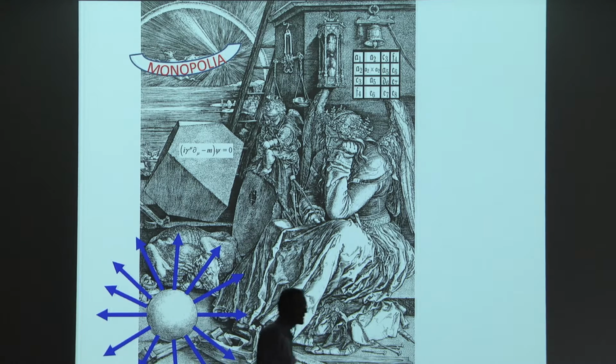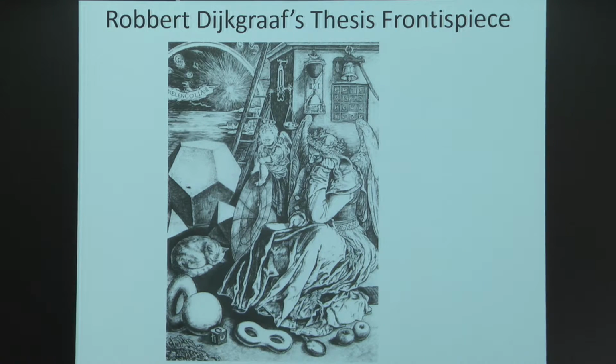And so imagine my astonishment when a few years later, I opened Robbert Dijkgraaf's PhD thesis, and I saw that. So Robbert had exactly the same idea, and unlike me, Robbert implemented it rather brilliantly. And I commend this slide to your attention. The talk's on my homepage.